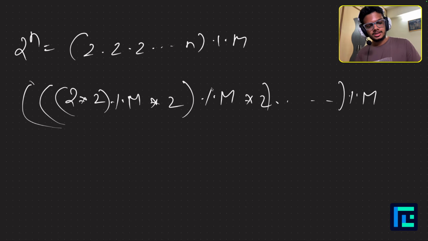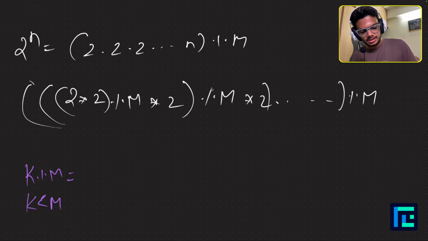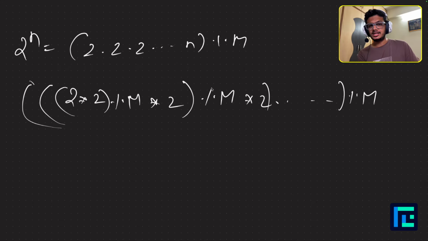You might say there should be a mod m on each 2 as well, but 2 is less than 1e9 plus 7. There's one more property: if k mod m, where k is less than m, then the answer is simply k. For example, 2 mod 5 is 2, and 3 mod 10 is 3. That's why I'm not writing 2 mod m internally, because that number is anyway less than m.